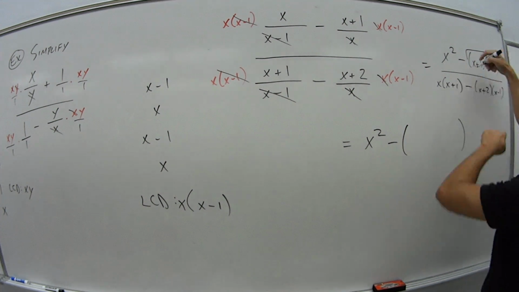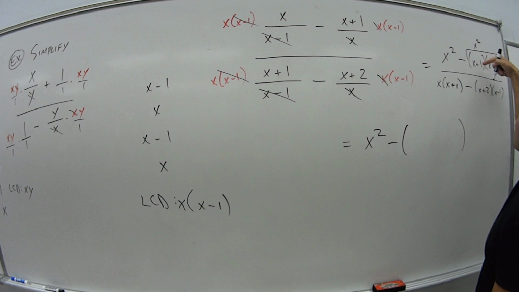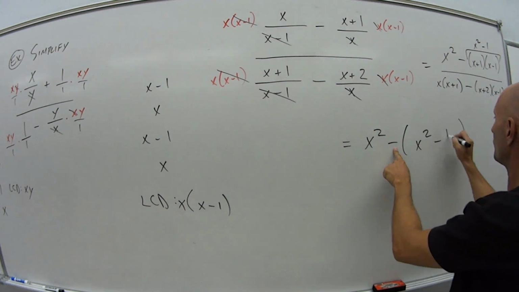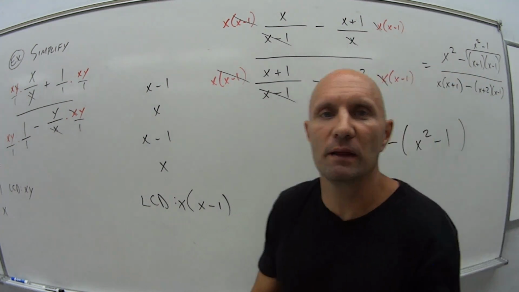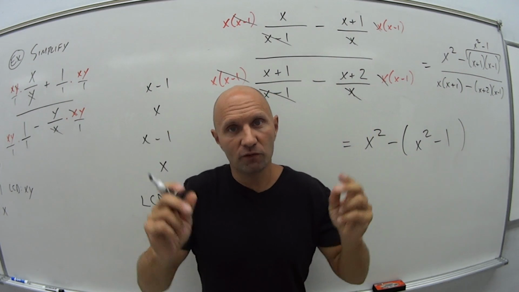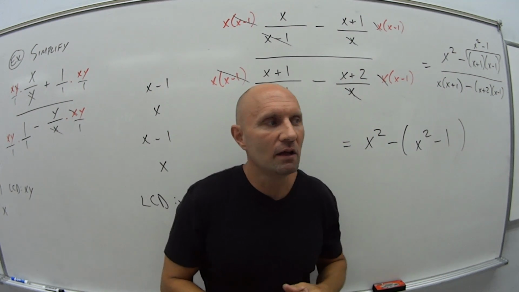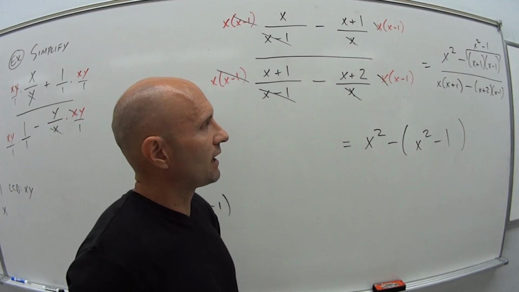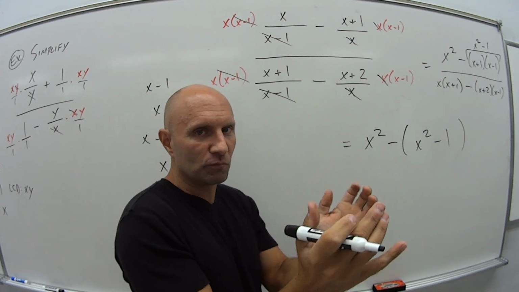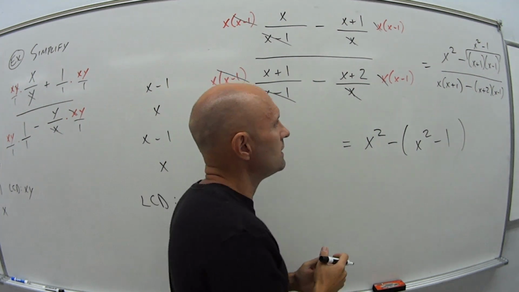We're subtracting this whole thing, which is x squared minus 1. Use these parentheses. This is the other place where I see people make dumb mistakes and then get the problem wrong because they didn't distribute a negative sign right. The more you use parentheses to keep track of what's being subtracted, the better off you're going to be.